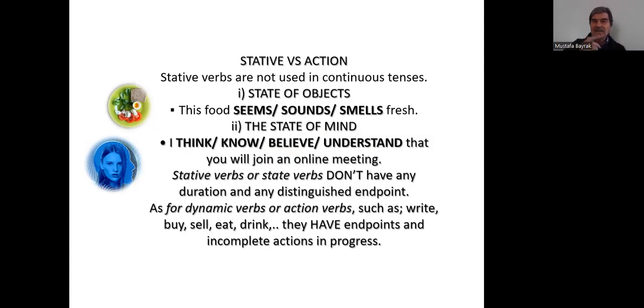Stative verbs or state verbs don't have any duration or any distinguished endpoint. As for dynamic verbs or action verbs such as write, buy, sell, eat, drink, they have endpoints and incomplete actions in progress.